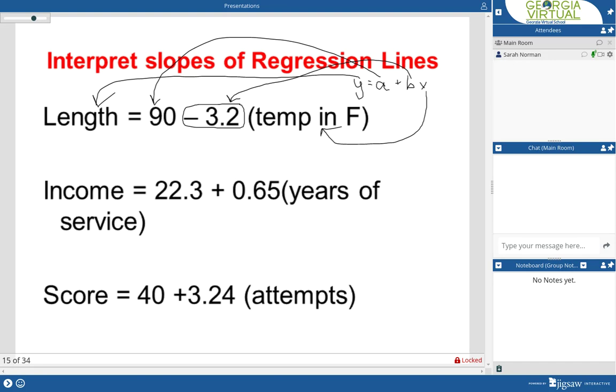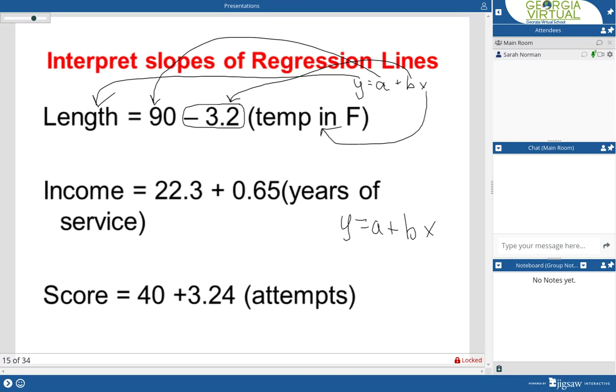All right, so in this next one, Y equals A plus BX. So Y is the income, probably in dollars.